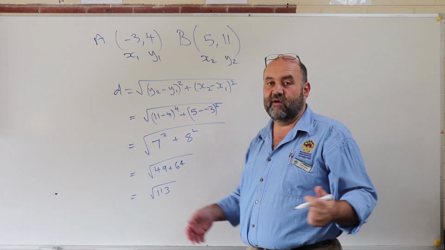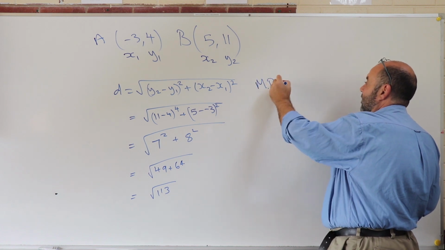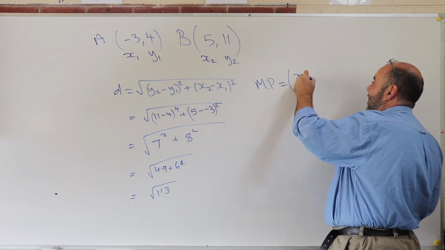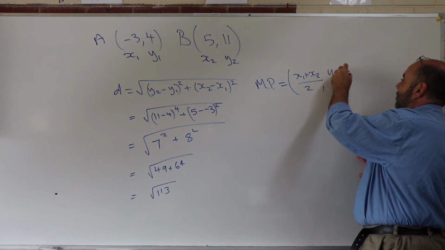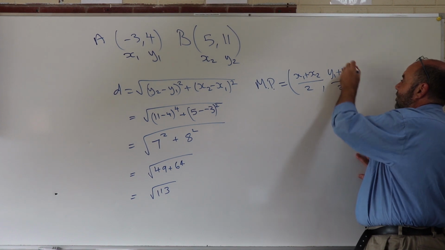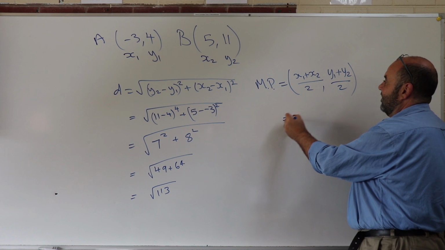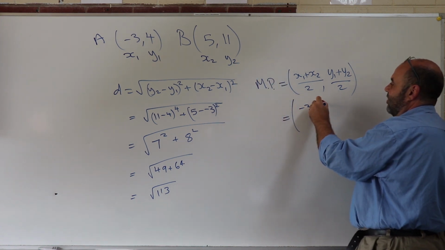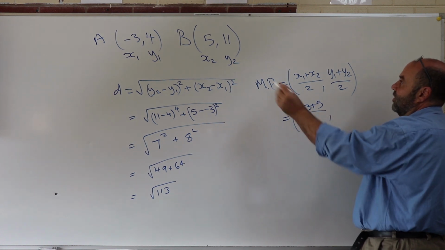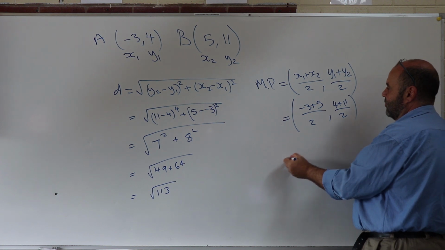Well, what about the midpoint? Well, recall that midpoint was equal to x1 plus x2 on 2, y1 plus y2 on 2. So I'm just going to substitute those values in. x1 plus x2, negative 3 plus 5 on 2, 4 plus 11 on 2.